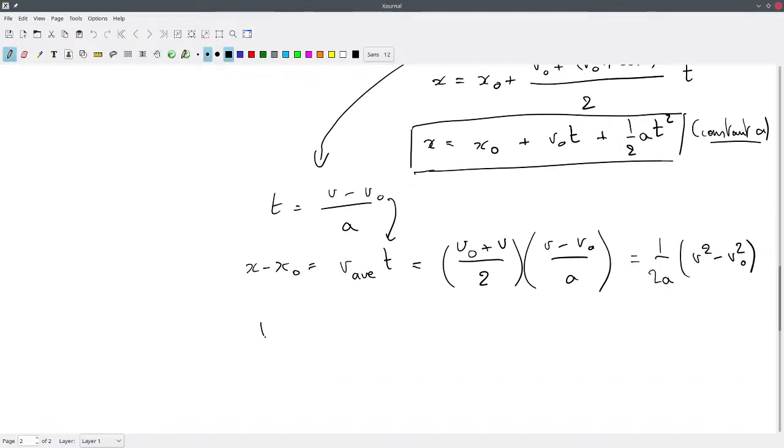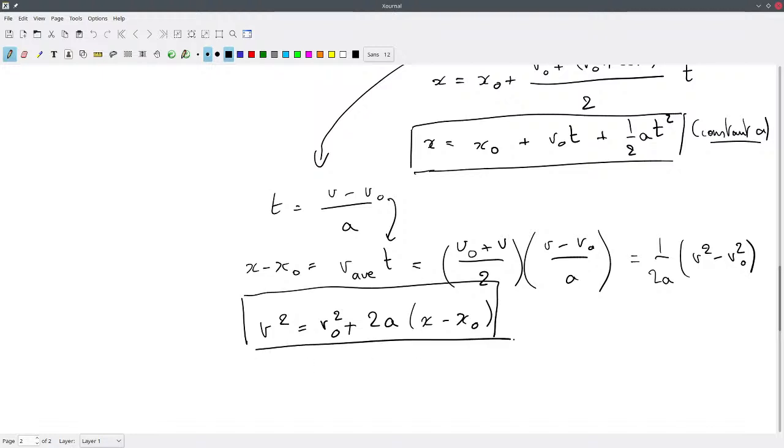Or we can write this as v squared is v naught squared plus 2a delta x, or 2a(x minus x naught). So that's another important equation, again only valid for constant a.